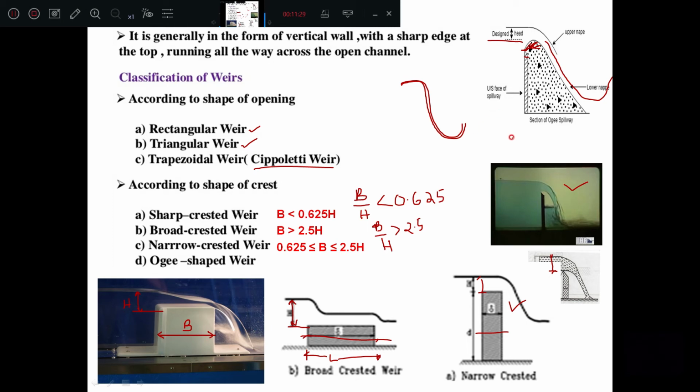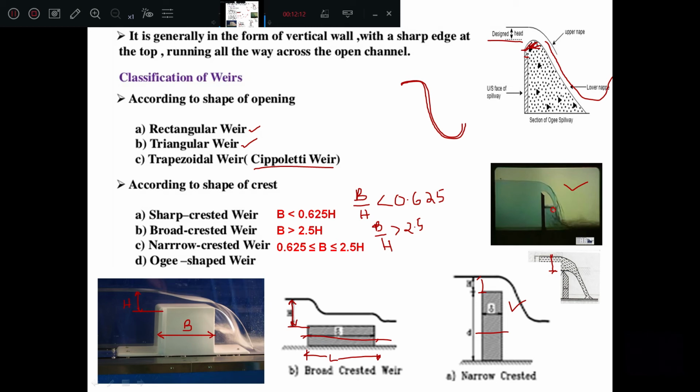We know in the case of a sharp crested weir, look here, the nape as it leaves the crest, the moment it rises above the crest, it springs and falls freely into the downstream side, and slightly at the lower surface. Just look here, in a sharp crested weir the water is springing down, or falling freely.